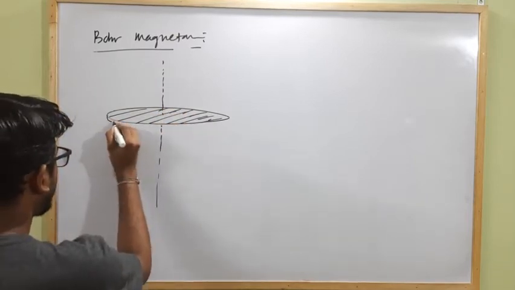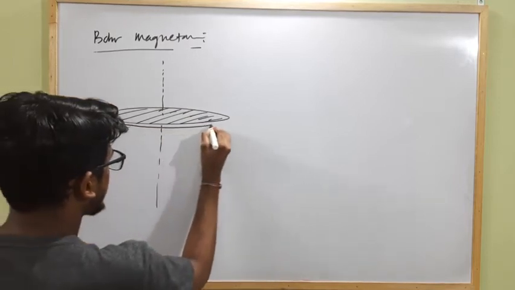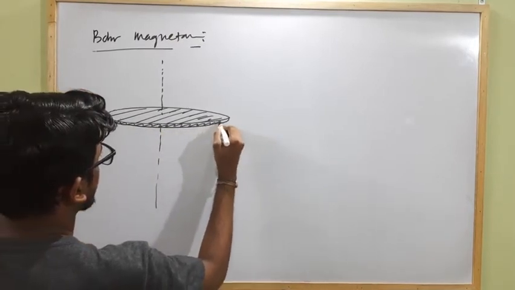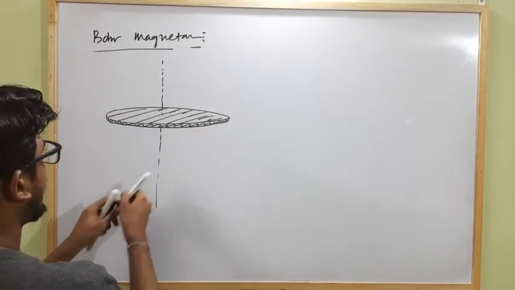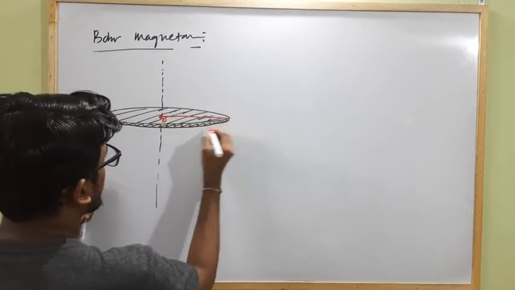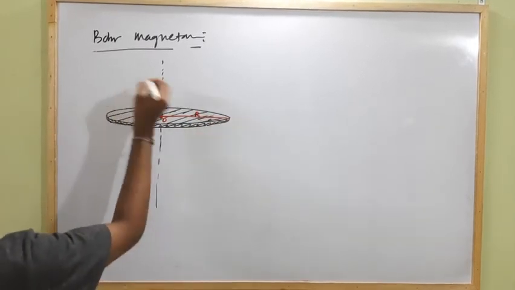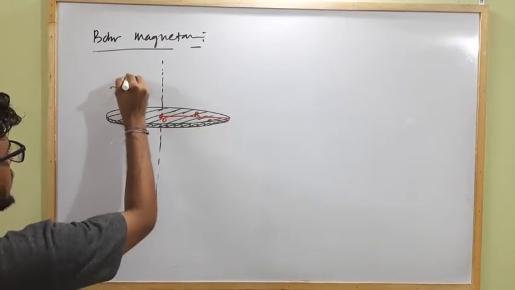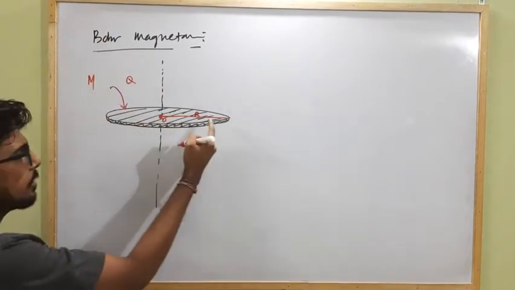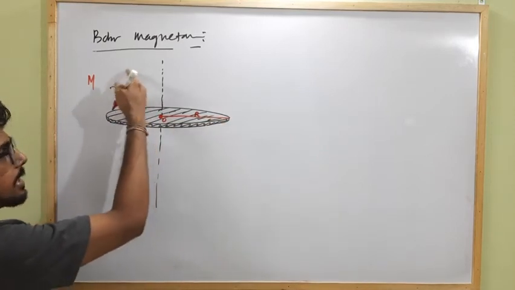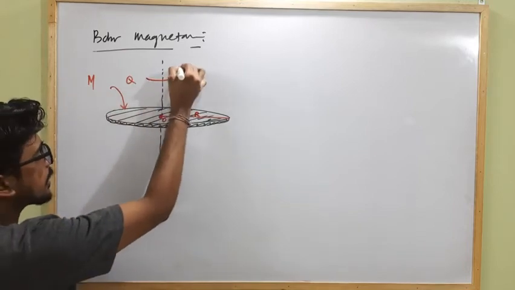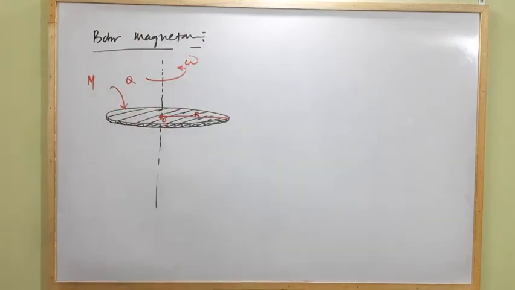It's a circular disk like this, of radius R, with center O. The total charge carried by this disk is Q, and the mass of the disk is M. It is revolving around the axis with angular velocity omega.